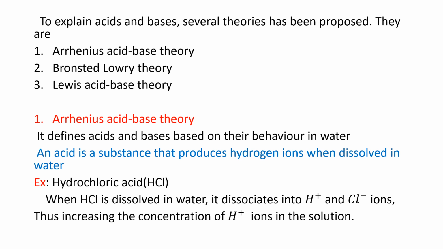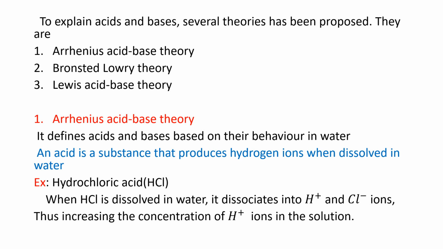Now according to this particular theory, an acid is a substance which produces H+ ions in water. So if H+ ions are produced in the water, in that situation we can call that an acid. We have an example, that is HCl.